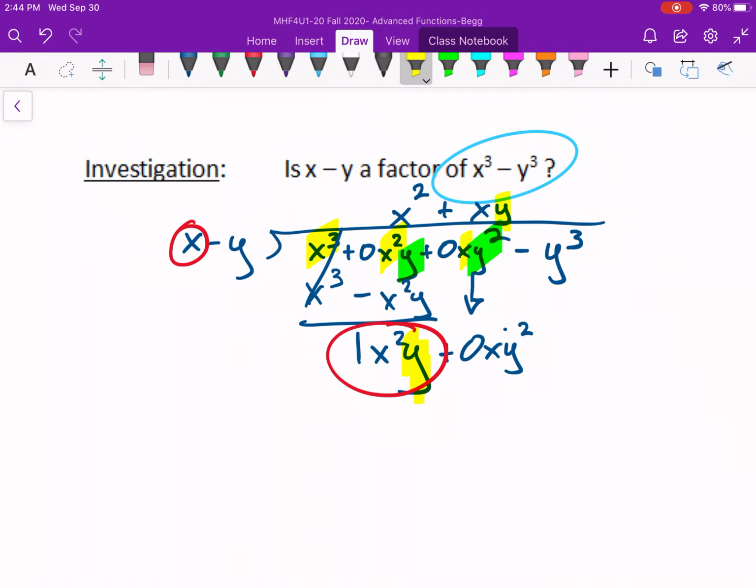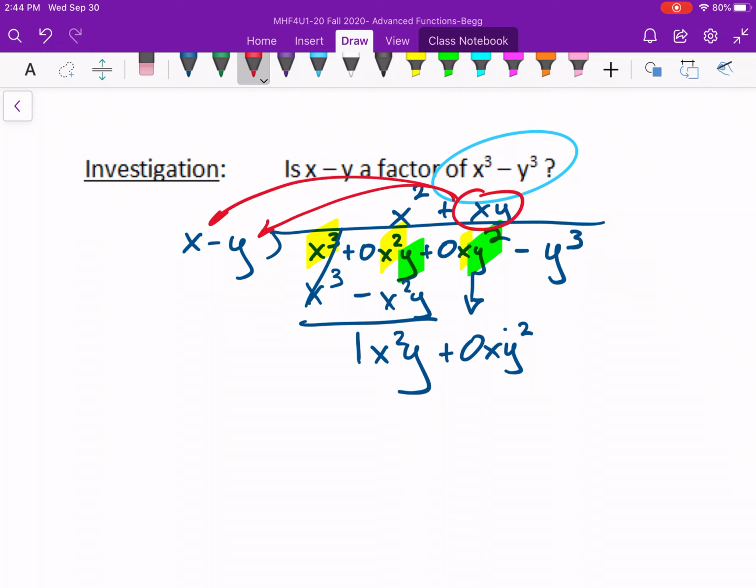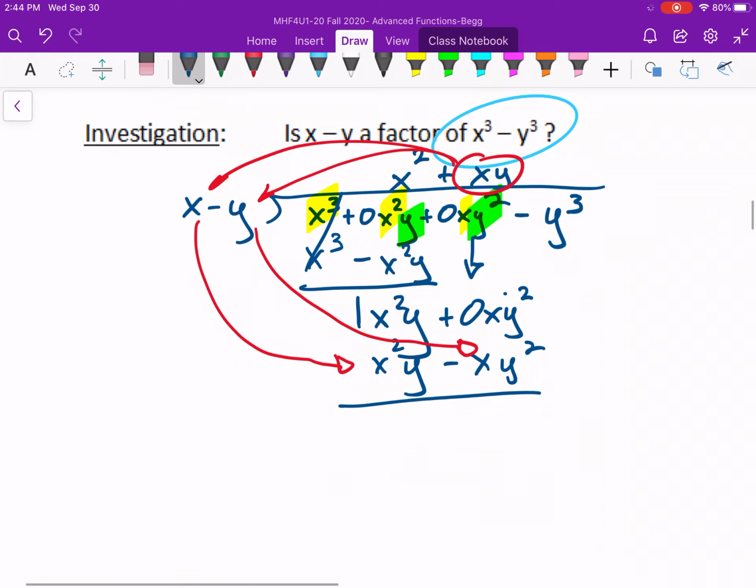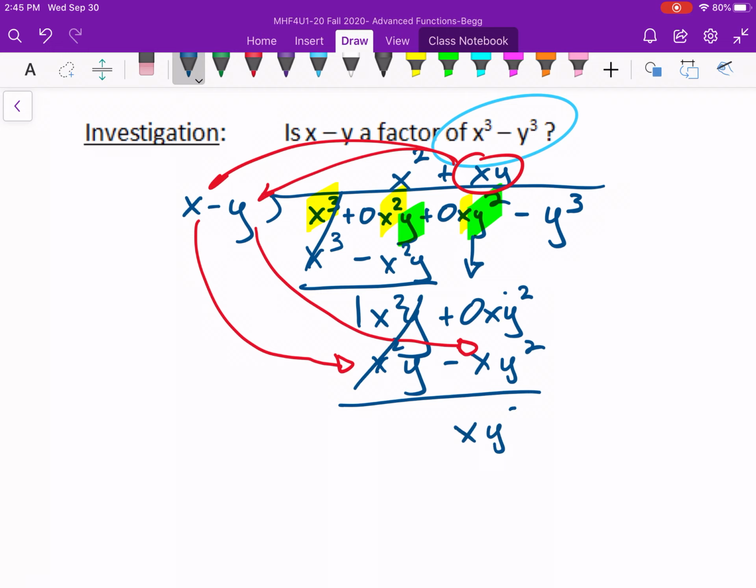And now that I've done that, I'm going to multiply xy times each of these, and then I'm going to get x squared y, and I'm going to get minus xy squared here and here, respectively. And then when I subtract, these will cancel out, and I'll get a positive xy squared.